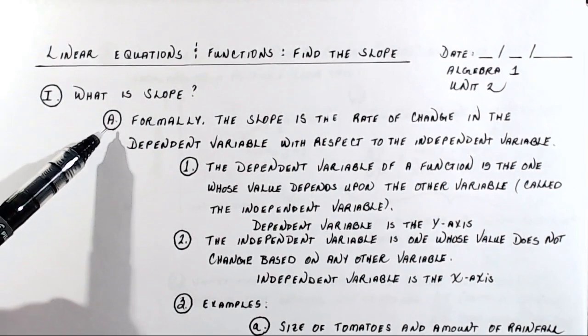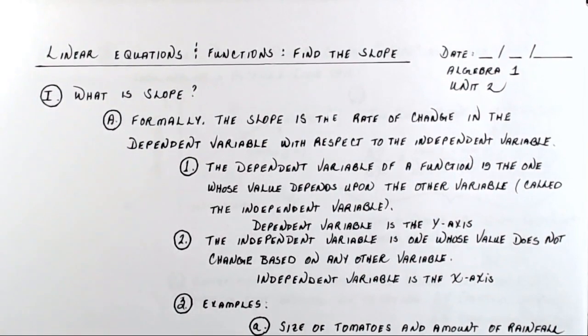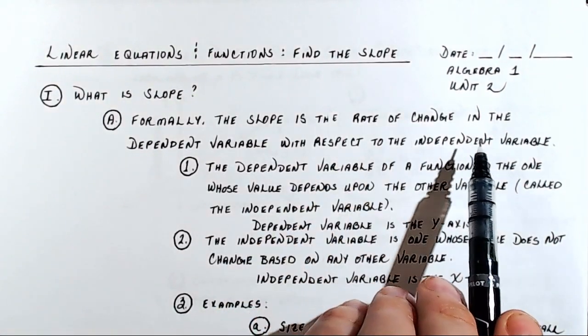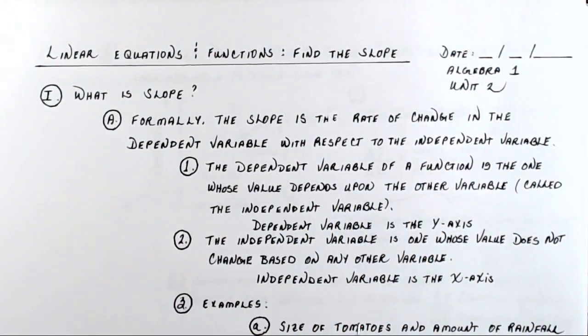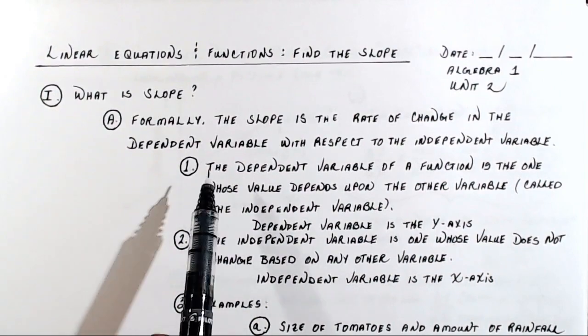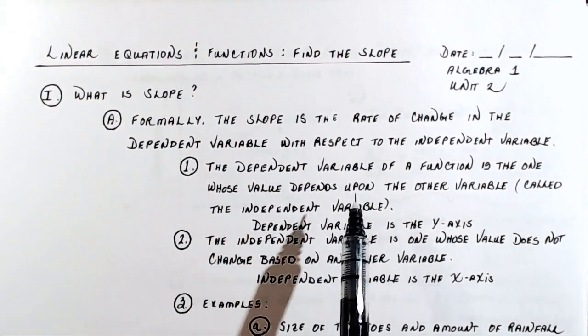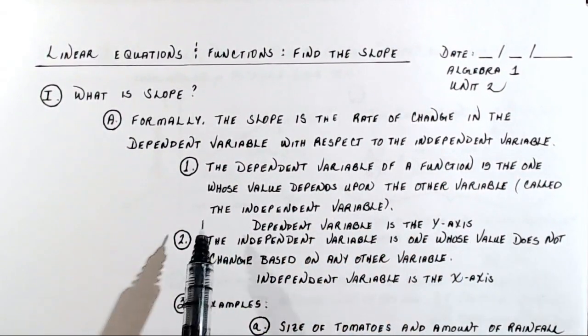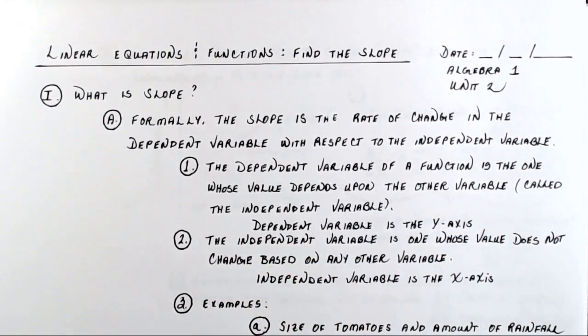Subpoint A. Formally, the slope is the rate of change in the dependent variable with respect to the independent variable. Subpoint 1. The dependent variable of a function is the one whose value depends upon the other variable, called the independent variable.